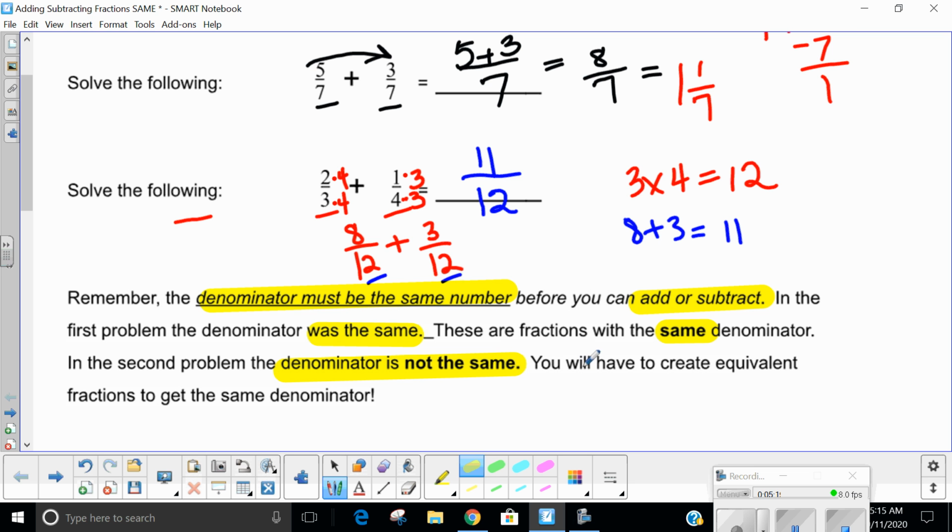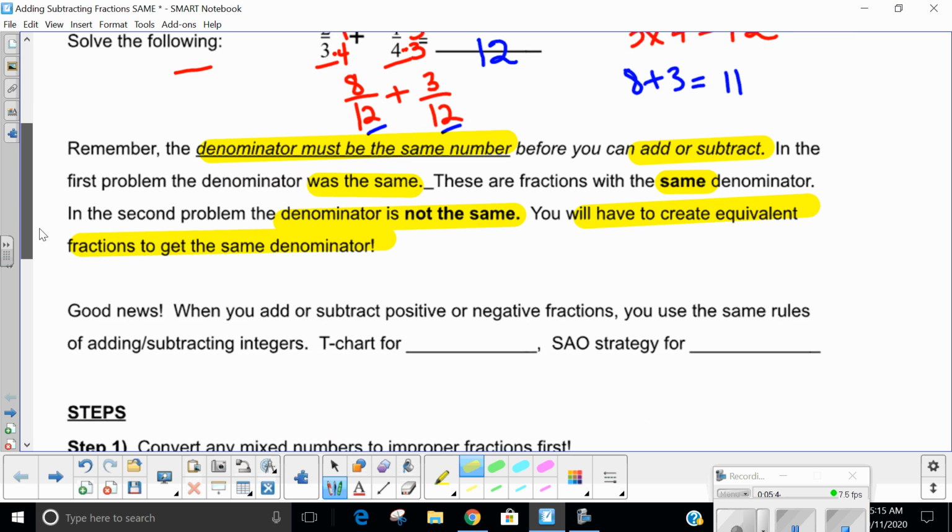And so because of that, we will have to create equivalent fractions in order to get the same denominator. Once we have the same denominator, like we did here and here, it's easy. So what we have to do is convert these to equivalent fractions if the denominator is not the same, because we have to make the denominator the same.